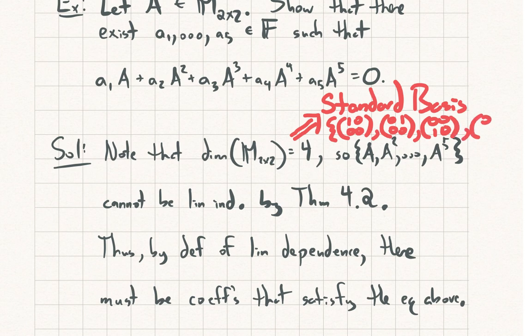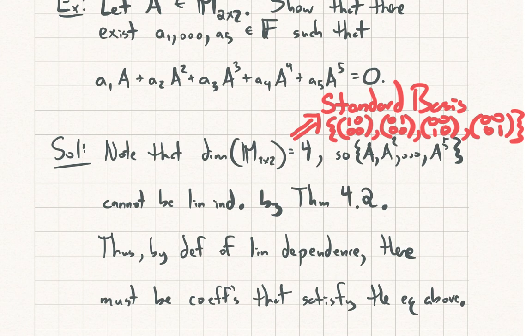So every possible combination of a 1 in an entry and a 0 in the other entries, that's our standard basis. Kind of the one that you would expect, the easiest one to deal with. So we know that indeed the dimension of 2 by 2 matrices is 4. So this set of A, A squared, all the way to A to the 5th cannot be linearly independent.